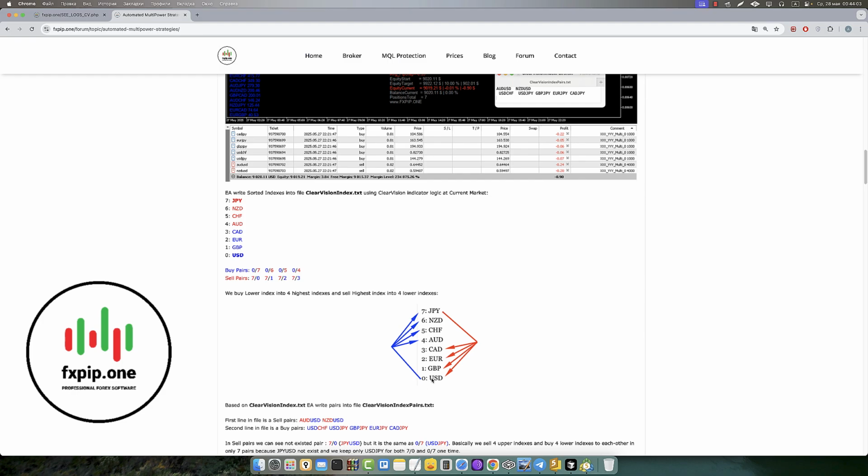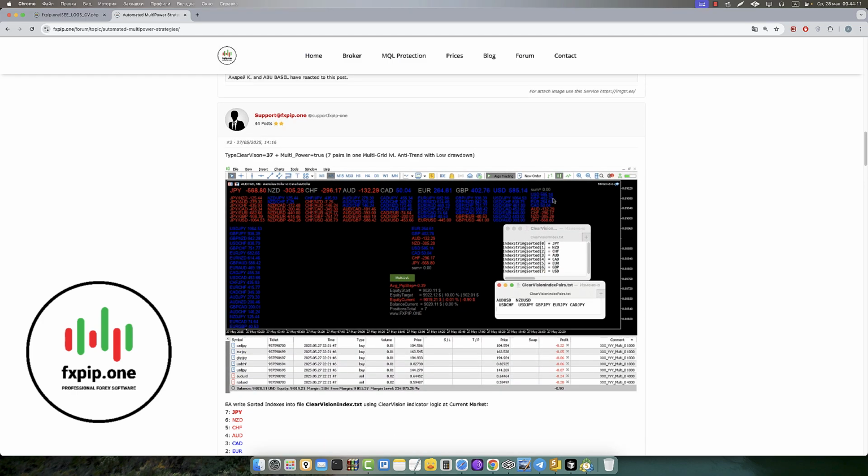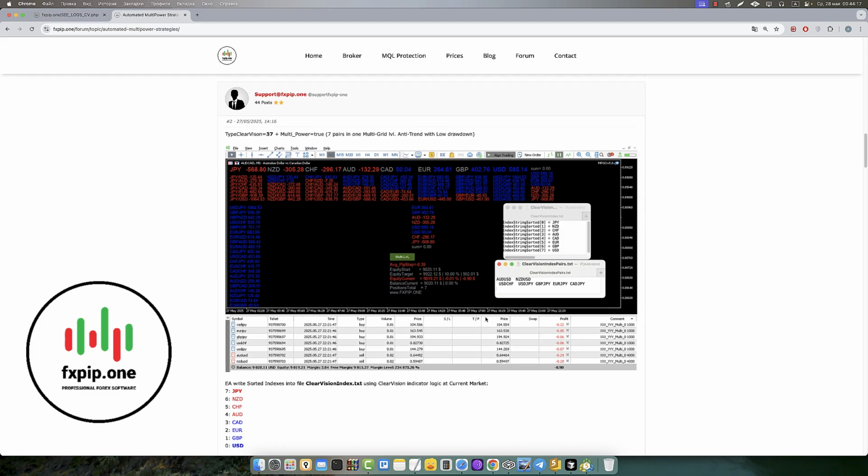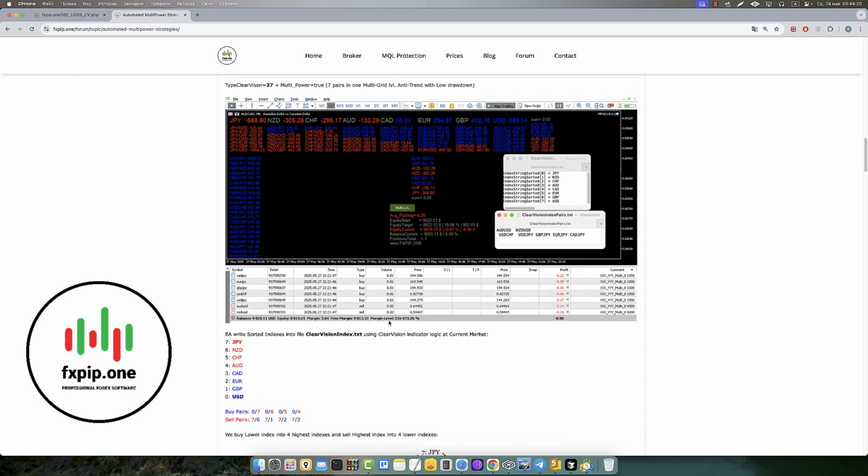From the other side, we buy USD to the JPY. That means we read these signals in the indicator and we fix the signals in a file. Then we sort some pairs and we trade until the profit. We make not one pip step at one pair, we do multi pip step at all pairs at the same time.